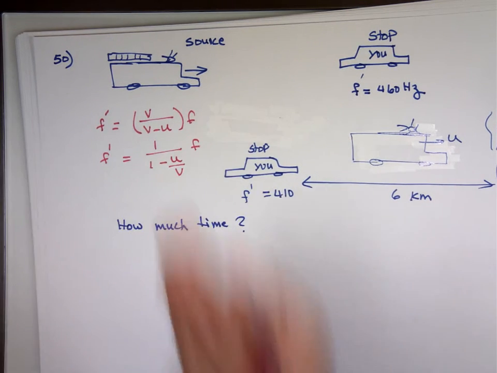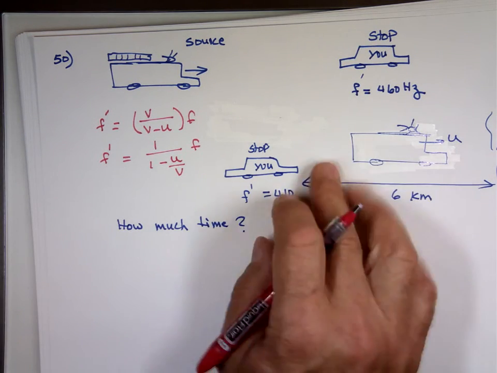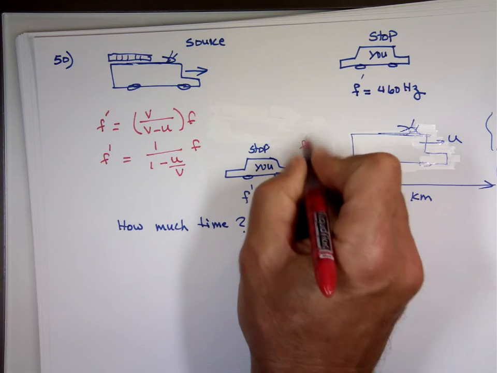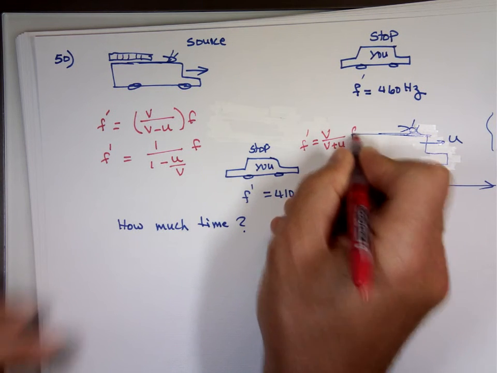When it's going away from you, passing you like this example here, it's going to be the reverse: V over V plus U times F, or 1 over 1 plus U over V times F.